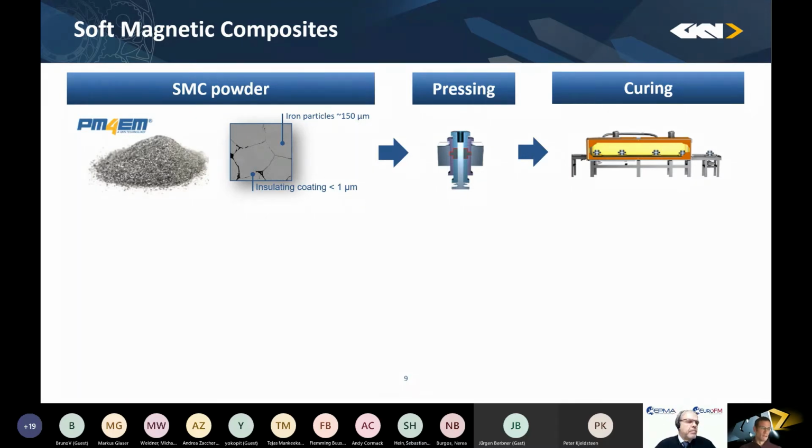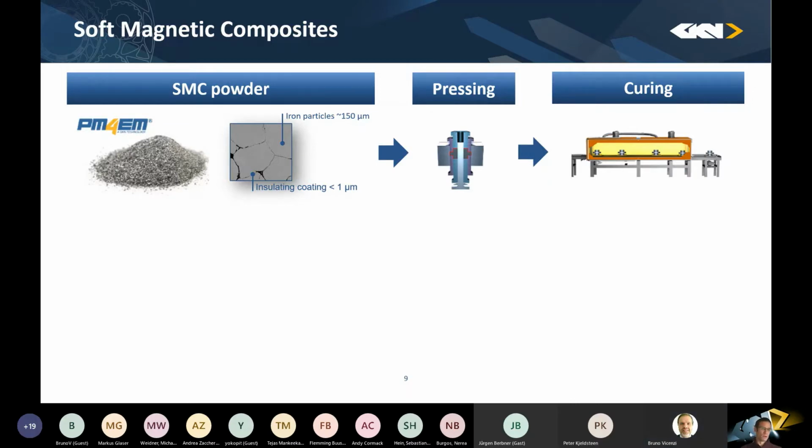Essentially, it's an iron-based material which has an electric insulation layer around each powder particle. That's a big difference to other competitive materials or conventional powder metallurgy products, that this electric insulation prohibits eddy currents in various applications. The process is similar to the conventional powder metallurgy.